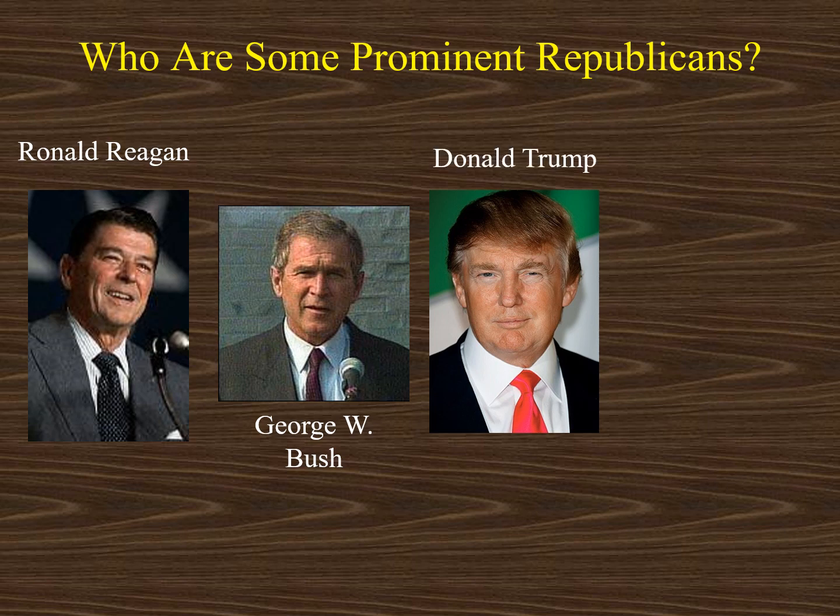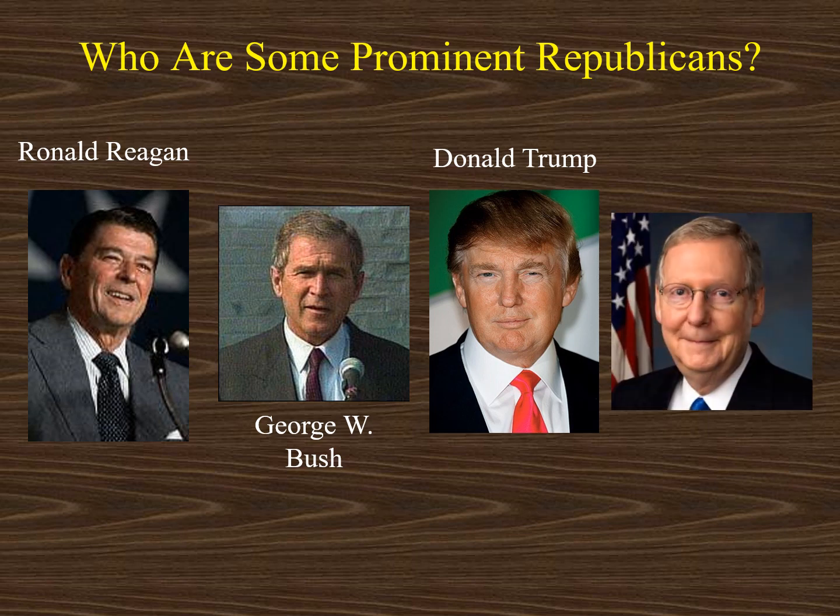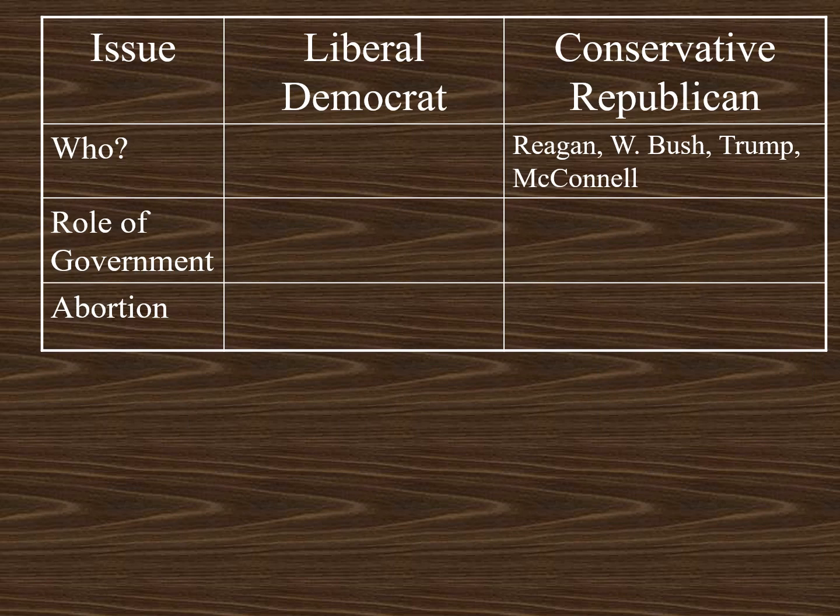But I thought I should also identify one other individual. The top-ranking Republican in Congress is shown here. That's Mitch McConnell, the minority leader of the Senate. There are many other prominent Republicans, but here we can see several top Republicans include President Reagan, George W. Bush, Donald Trump, and Mitch McConnell.